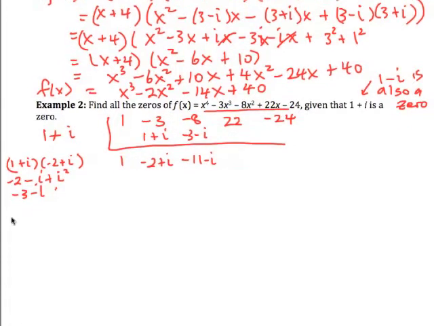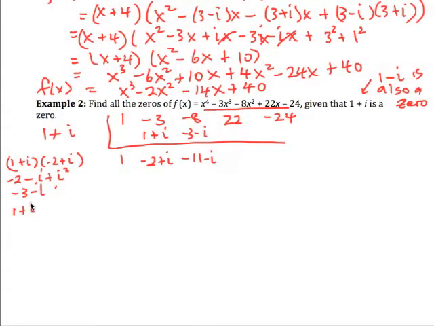And of course now we have to multiply this, so we're going to have 1 plus i again. This time we're going to do negative 11 minus i. Alright, so we're going to end up with negative 11 minus i, minus 11i and minus i squared.